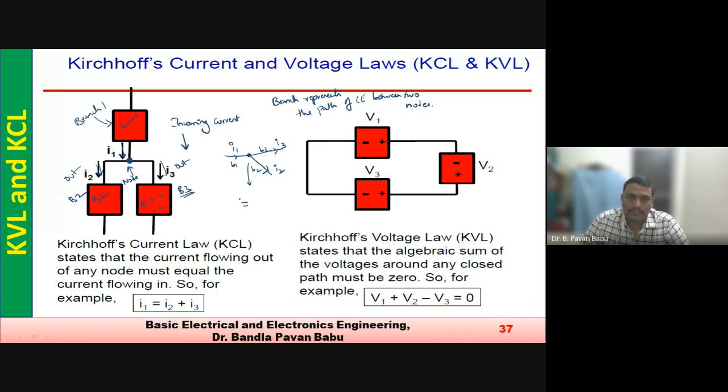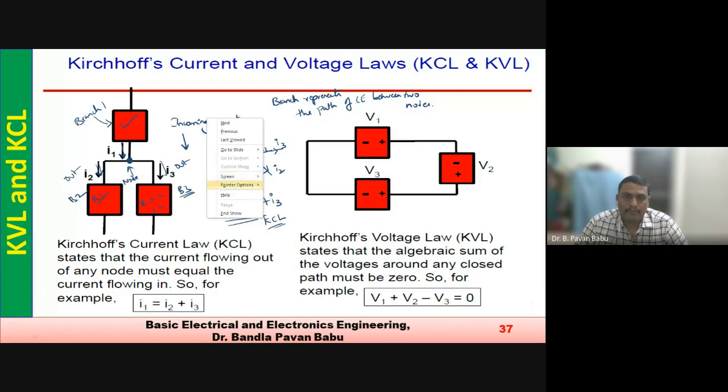Let us call this node X. So I1 equals I2 plus I3. Let us see further in the problems how we are going to solve them and where it is useful. But for now, just understand KCL: incoming currents is equal to outgoing currents in a node.